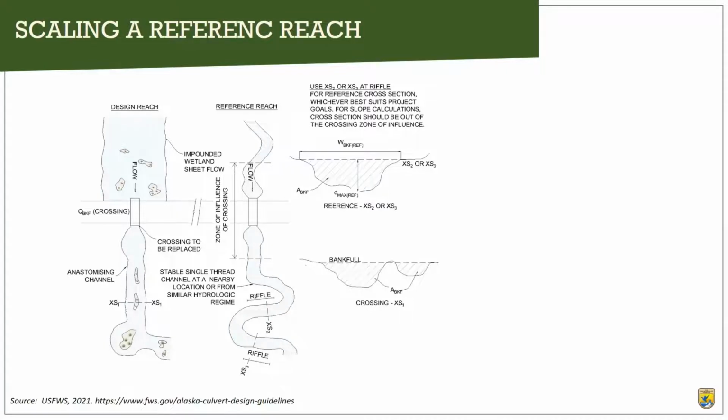So we're going to select that reference reach. Maybe it's going to be near another culvert, so we're going to make sure we get outside of the influence of that culvert. And we're going to survey the cross section of our reference reach. And then we're also going to survey a cross section at our design reach, assuming that we can find one. And we're going to calculate the discharge of each one of those cross sections, the bankfull discharge.